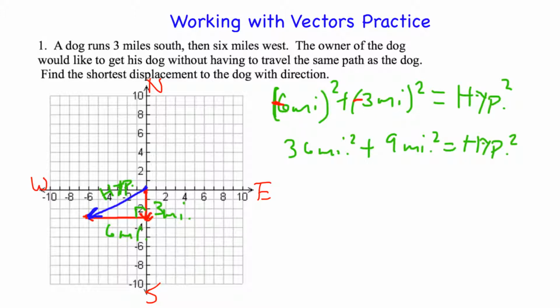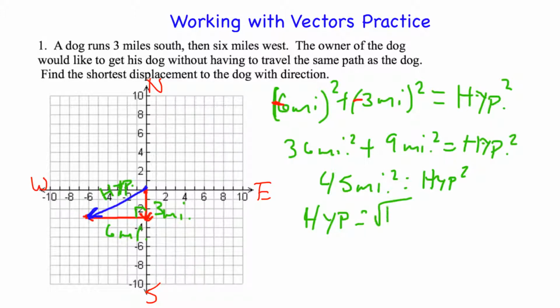So we get 45 miles squared equals the hypotenuse squared. We want just the hypotenuse, so we will take the square root of everything.